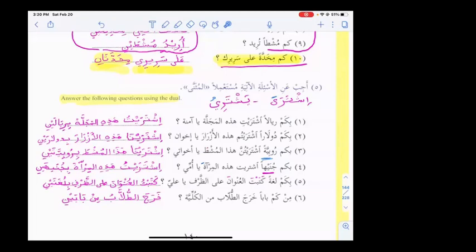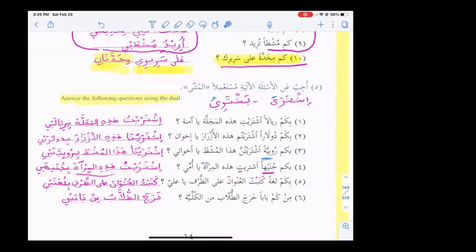You bought, ishtaraiti. I will write down more vowel signs next time, inshallah. اشتريت هذه المرآة يا أمي بجنيهين.